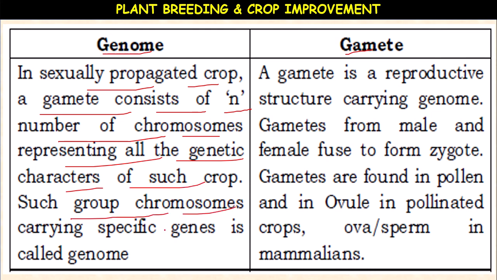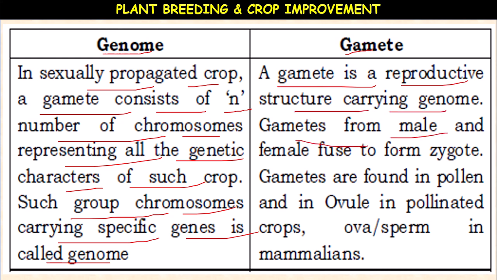Such a crop's chromosomes carrying specific genes is called a genome. The group of chromosomes carrying specific genes is called a genome. Then a gamete is a reproductive structure carrying the genome.